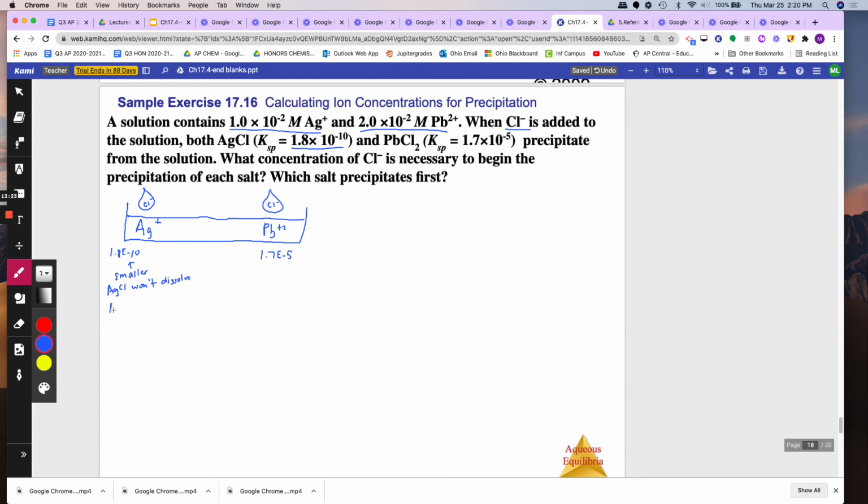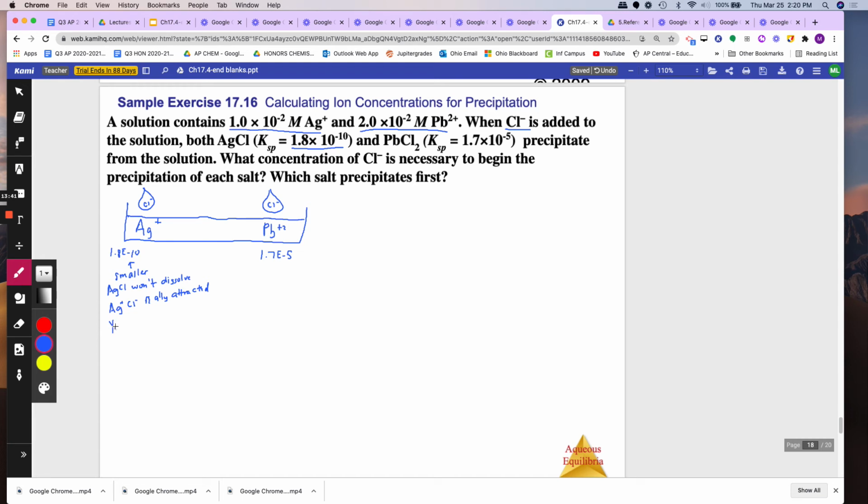So Ag plus and Cl minus are really attracted, right? Which means it doesn't take much Cl minus to make it solidify or precipitate.